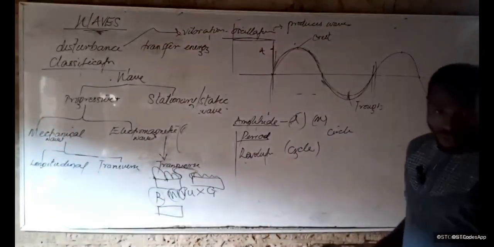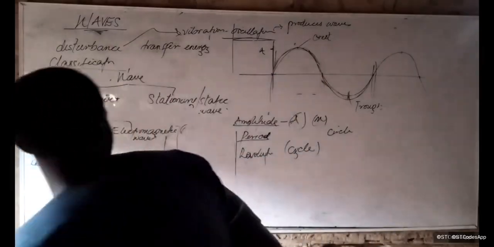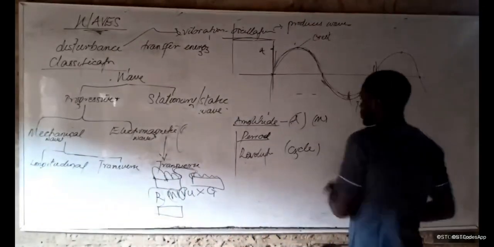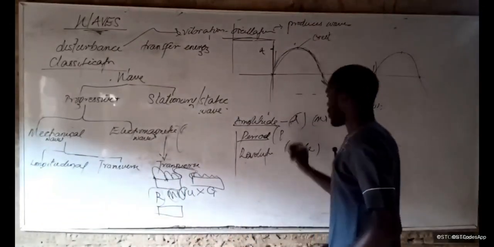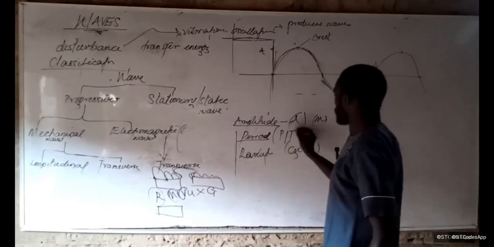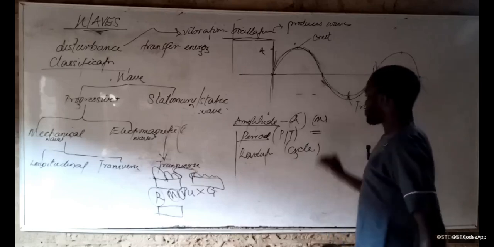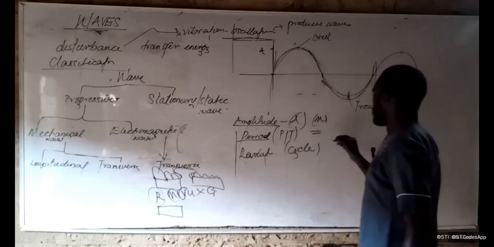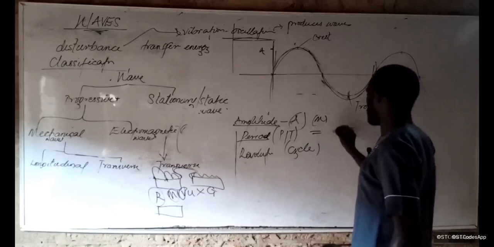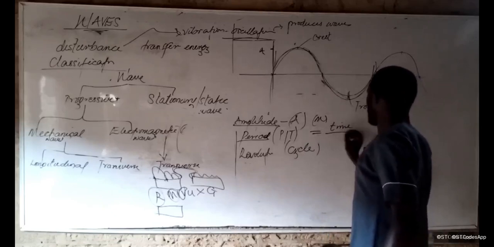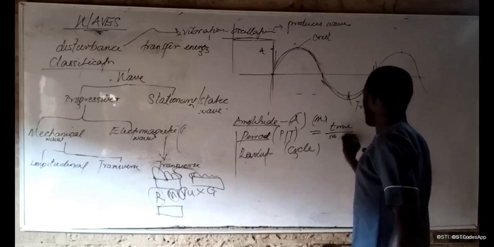One revolution. So we say it is time. We say period. In some textbooks, depending on the convention, we use P or capital T. So we say that period is given by the time per number of revolutions.